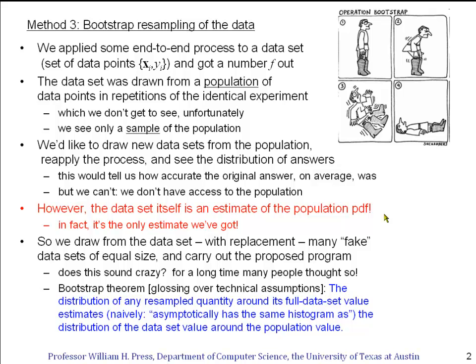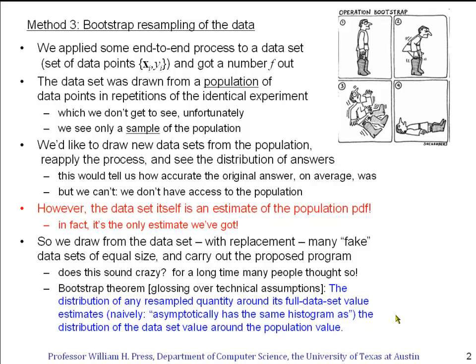So this might sound a little bit crazy to you, and for a long time many people and many statisticians thought so. But in fact there's quite a rigorous theorem about it, called the Bootstrap theorem. I'm not going to prove it in any technical detail, so we're glossing over the technical assumptions that go into the Bootstrap theorem.